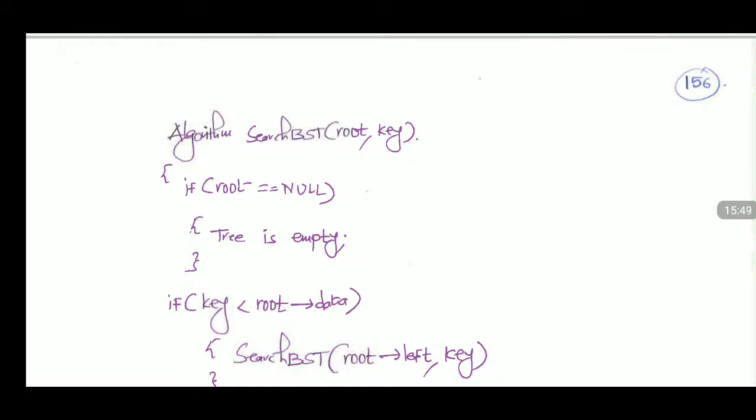Basically, the key to be searched means a key we want to locate either in the left subtree or in the right subtree. To proceed, first of all we check if the root is null. If it is null, directly we print the message that the tree is empty.